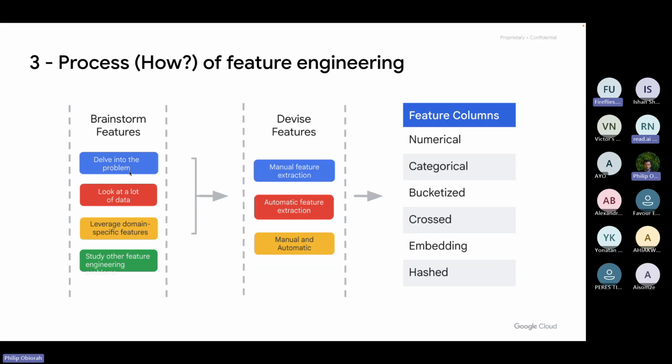First, brainstorming, and then you can do manual feature extraction, automatic feature extraction, or automatic and manual combined. By the end, you might have numerical values, categorical values as features.